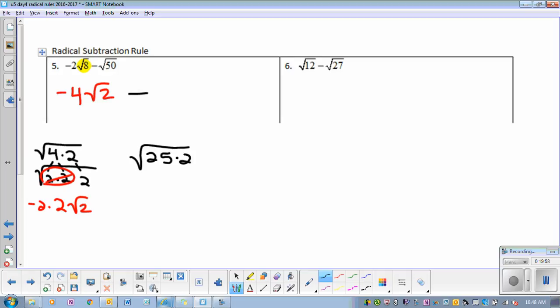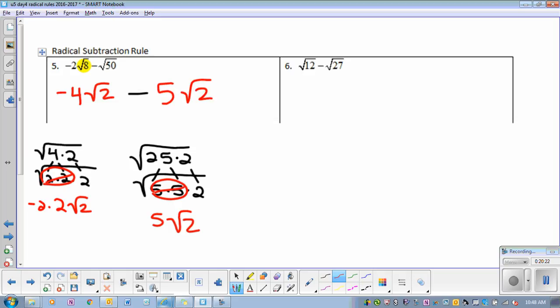And 25 can be broken down into 5 times 5, and then 2. How many do you need in a group to come out? 2. So then this is 5 root 2. Did you already have something on the outside? No, right? So then it's just minus 5 root 2.